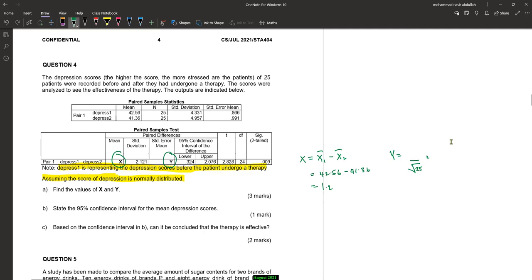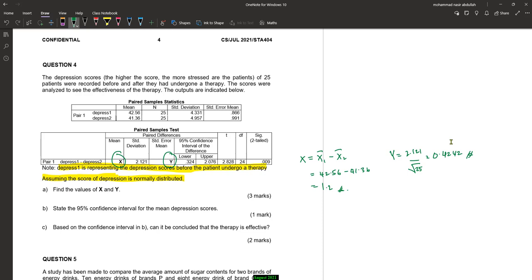SD is 2.121, right? So what is Y? Y is equal to 0.4242. Alright, good. Okay, so this is the value of x and y.